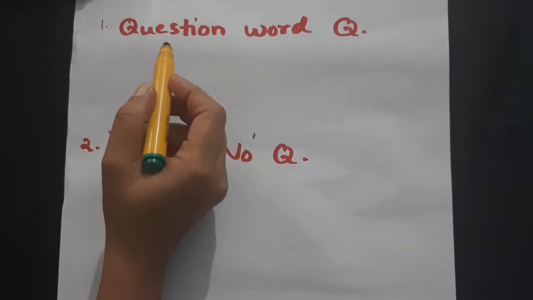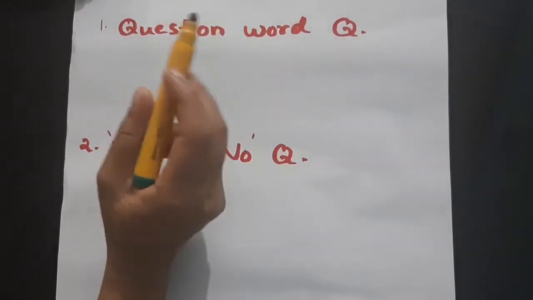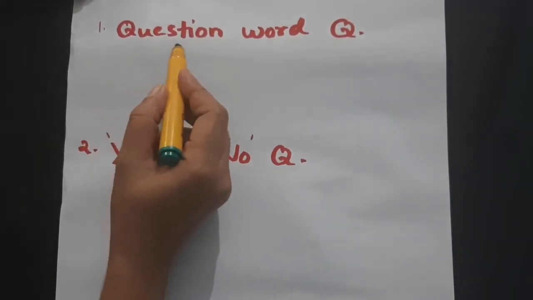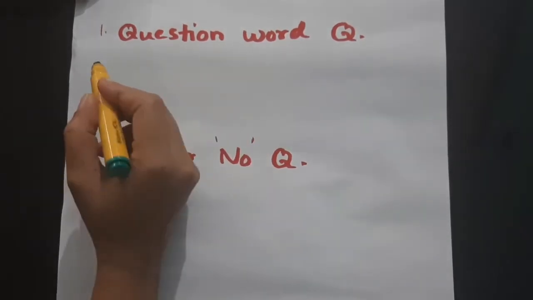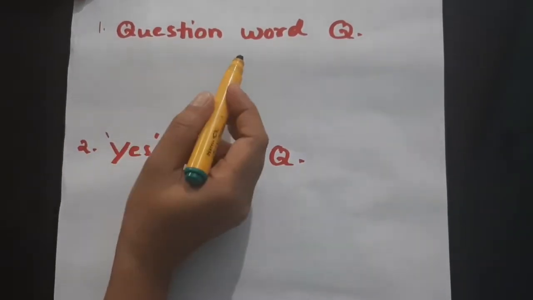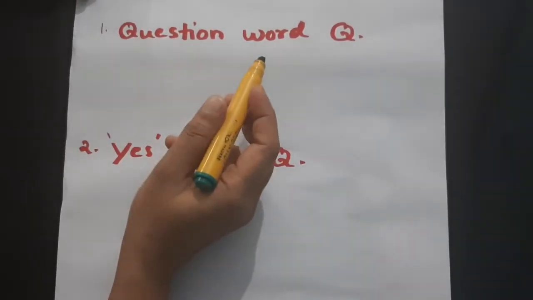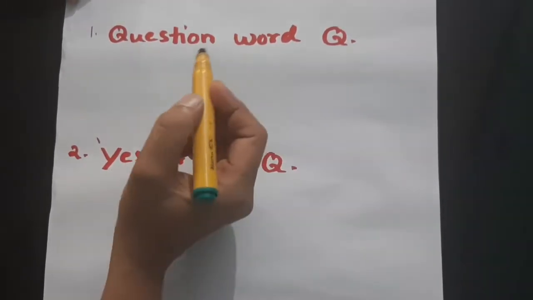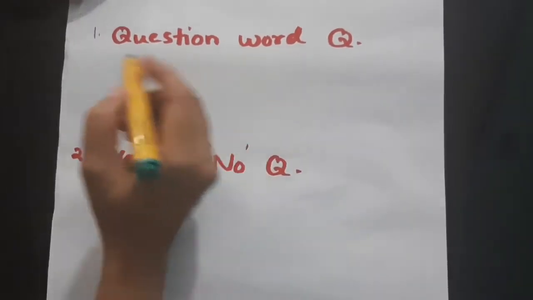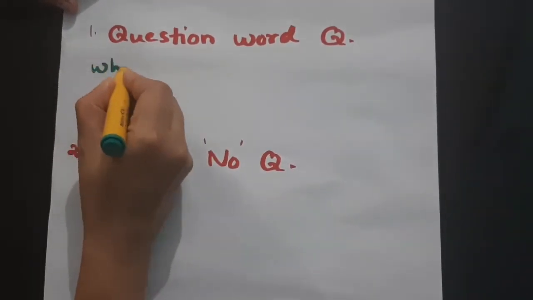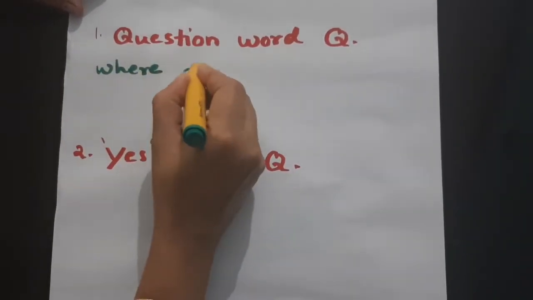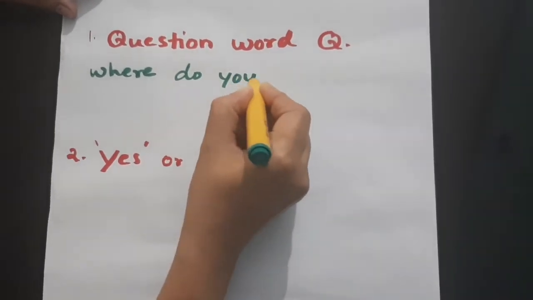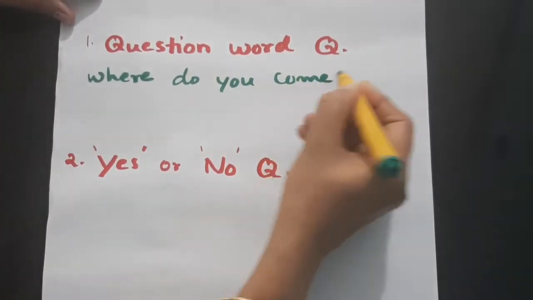Question word question means in this special kind of question, the question will start with a question word. That is, where do you come from? An example, where do you come from?